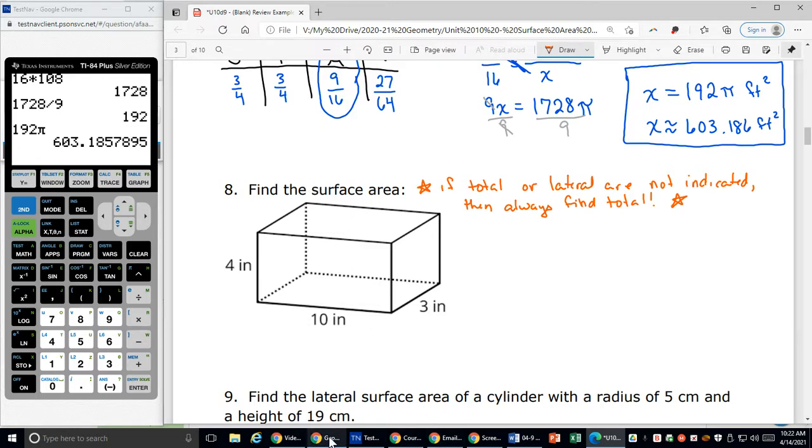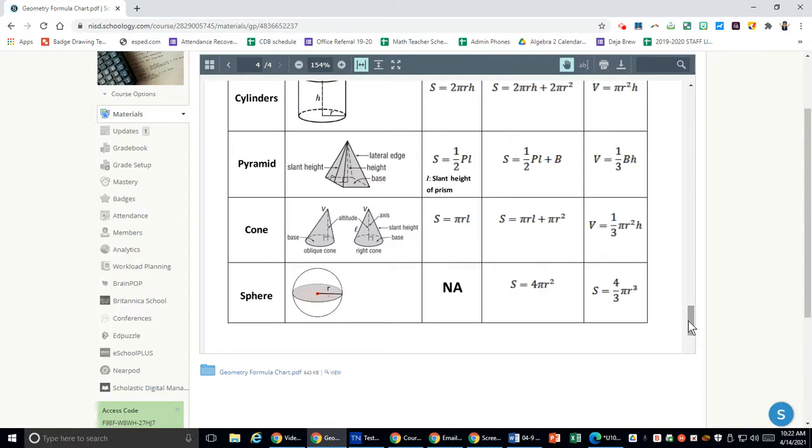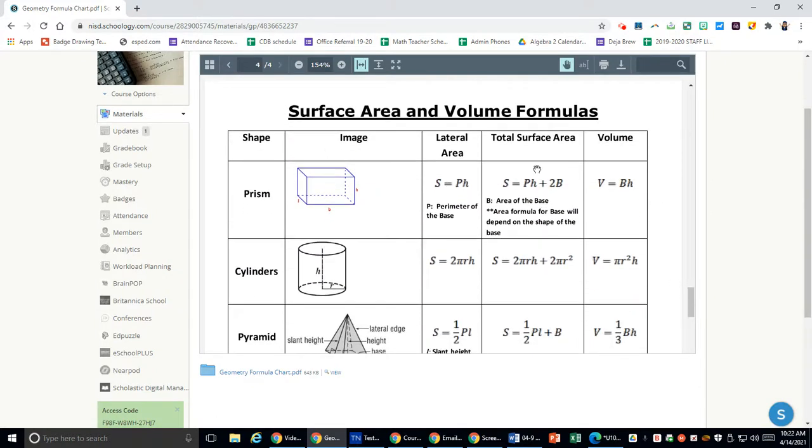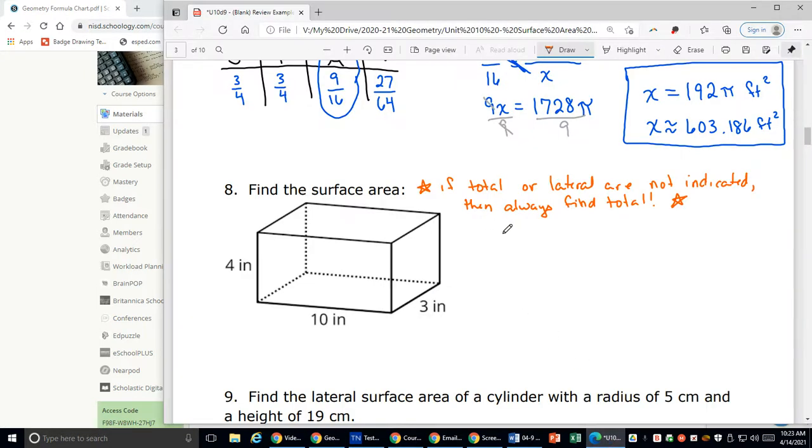All right, so I'm going to look back at my formula. I have a prism. My formula for total surface area is pH plus 2b. The first thing I always do is find the perimeter of the base and the area of the base. Since it's a rectangular prism, I can call really any of the sides the base, but just to make it easy on our eyes, let's call the bottom the base.